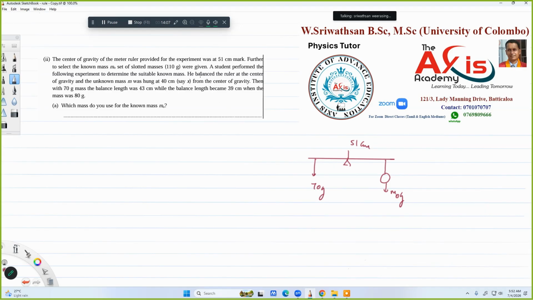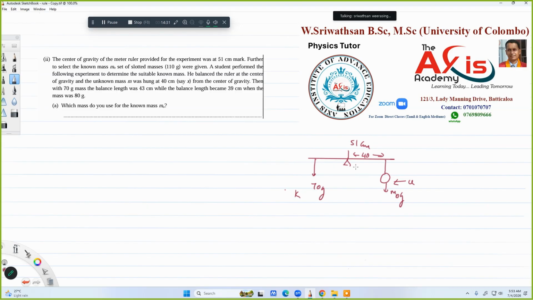He balanced the ruler at the center of gravity. The unknown mass M was hanging at 40 centimeter. This is the unknown mass, and this is the known mass. The unknown mass is hanged at 40 centimeter, say x from the center of gravity.